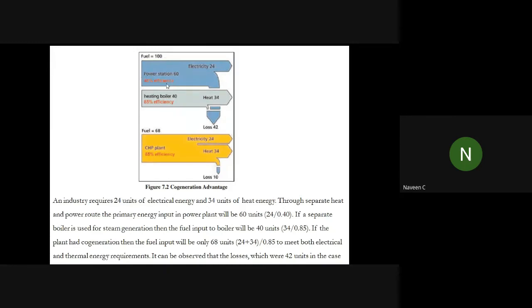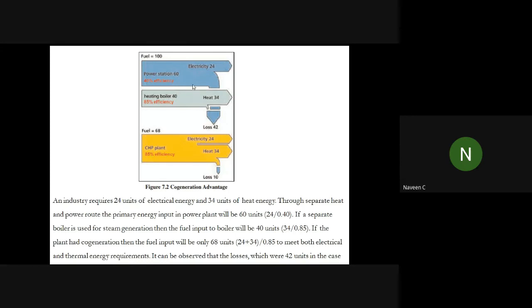Note it carefully: in the first case, you are generating the electricity and heat using two different processes. In the second case, this yellow one, you are generating the electricity and heat in a single process using the CHP process, combined heat and power, which is 85% efficient.